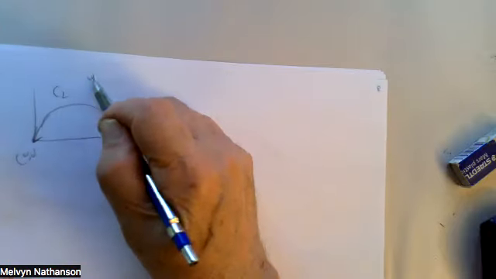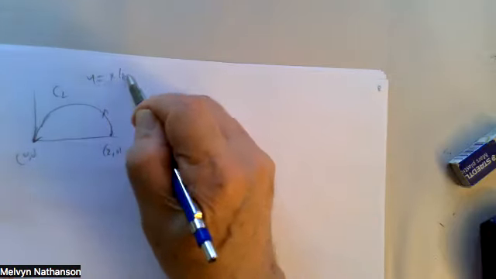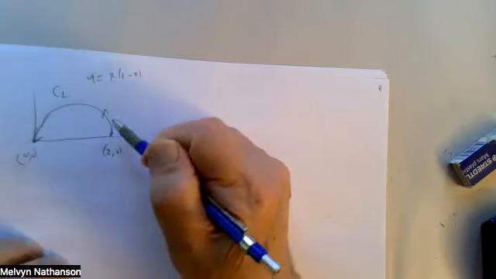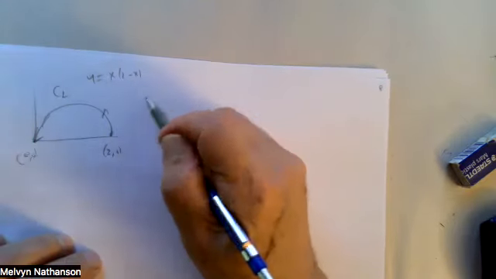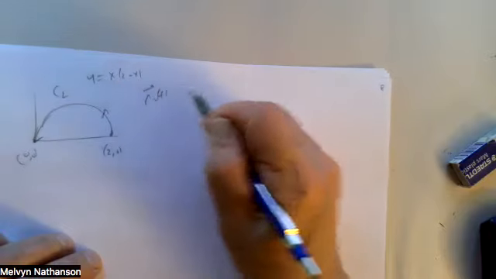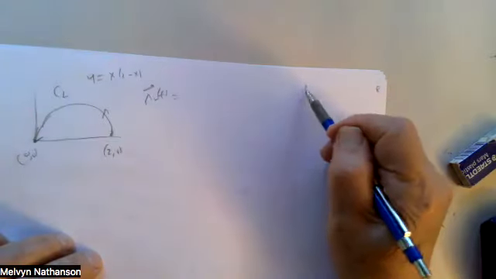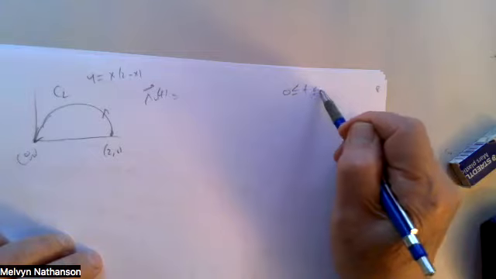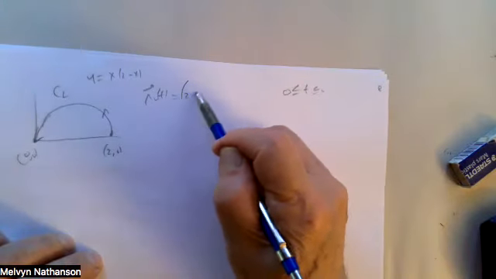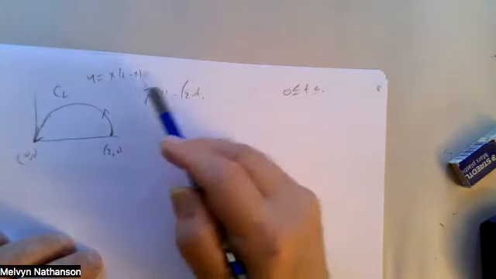And this curve is given by y equals x times 2 minus x. And r2 of t is going to be what? So t is going to go between 0 and 2. So 2 minus t.